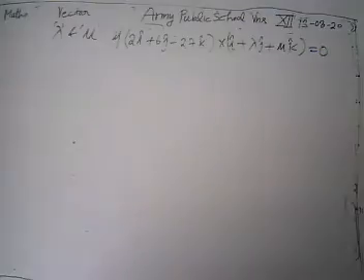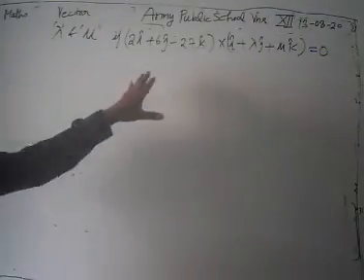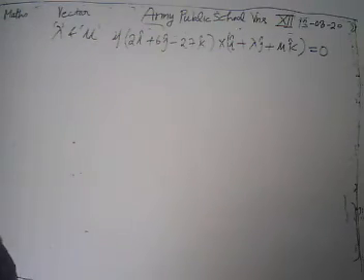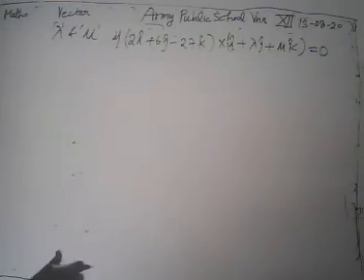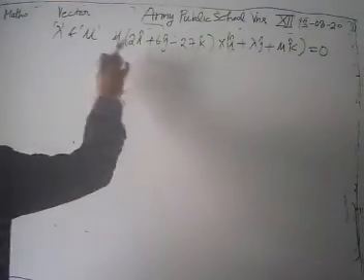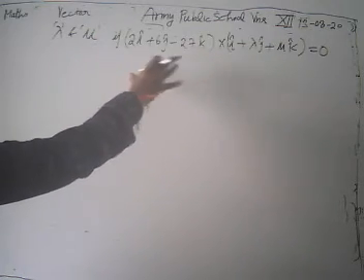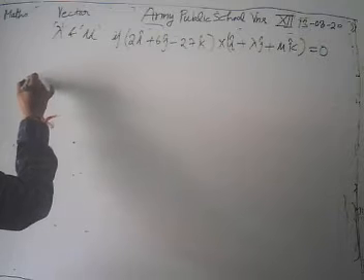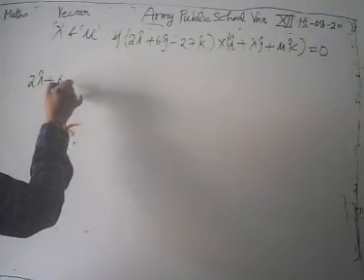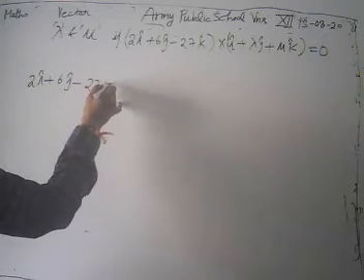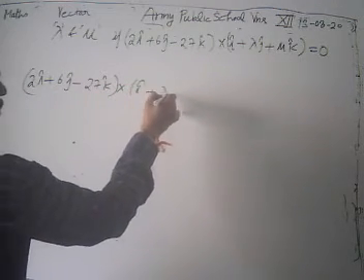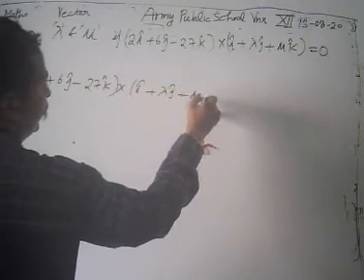Here we are given that the cross product of these two vectors is 0, and we have to find the values of lambda and mu. Then how can we get our cross product? First of all, we are going to find (2i cap plus 6j cap minus 27k cap) cross (i cap plus lambda j cap plus mu k cap).